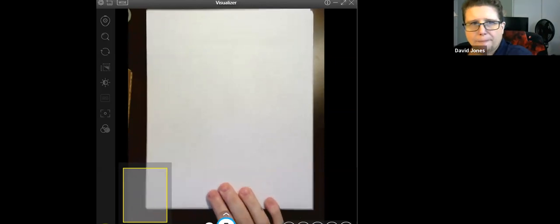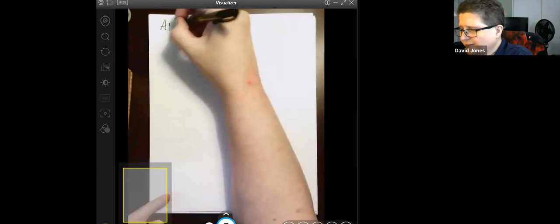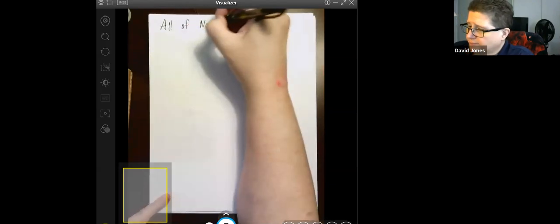So we talked about bearing in one of the recent sections. I wanted to talk to you a little bit more about that. All of navigation uses trigonometry.